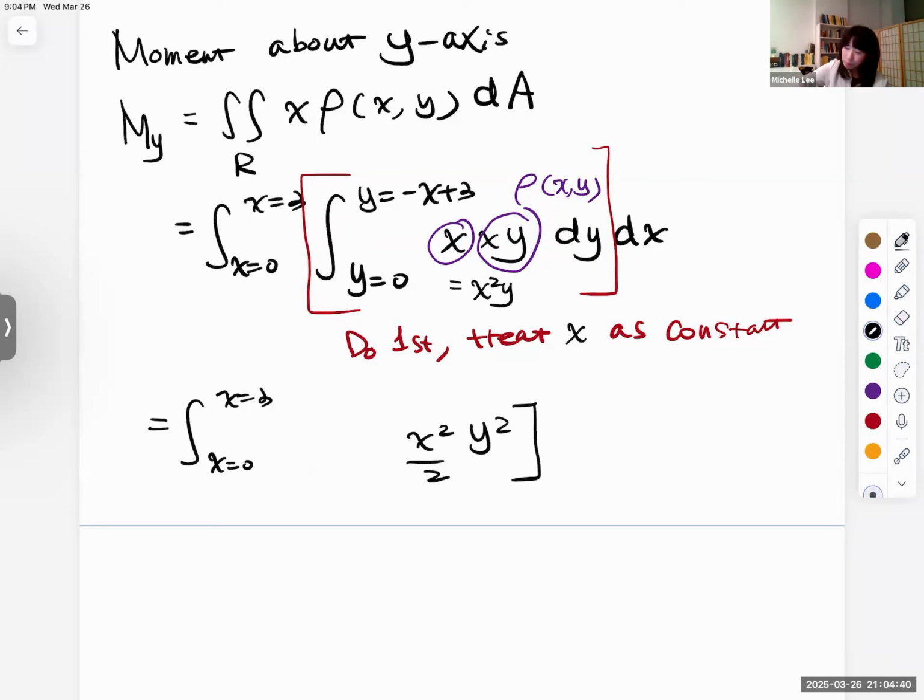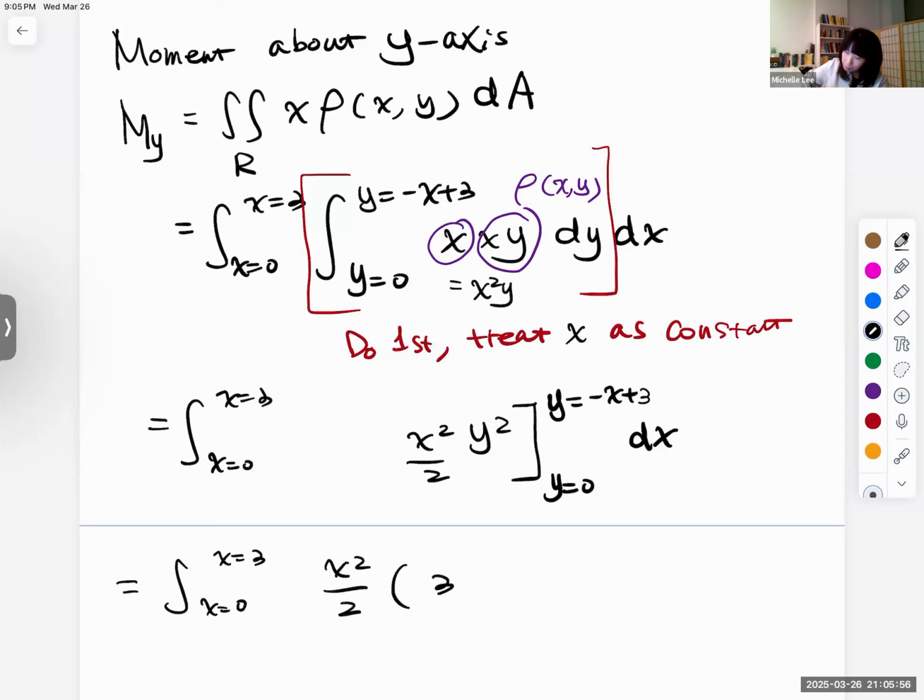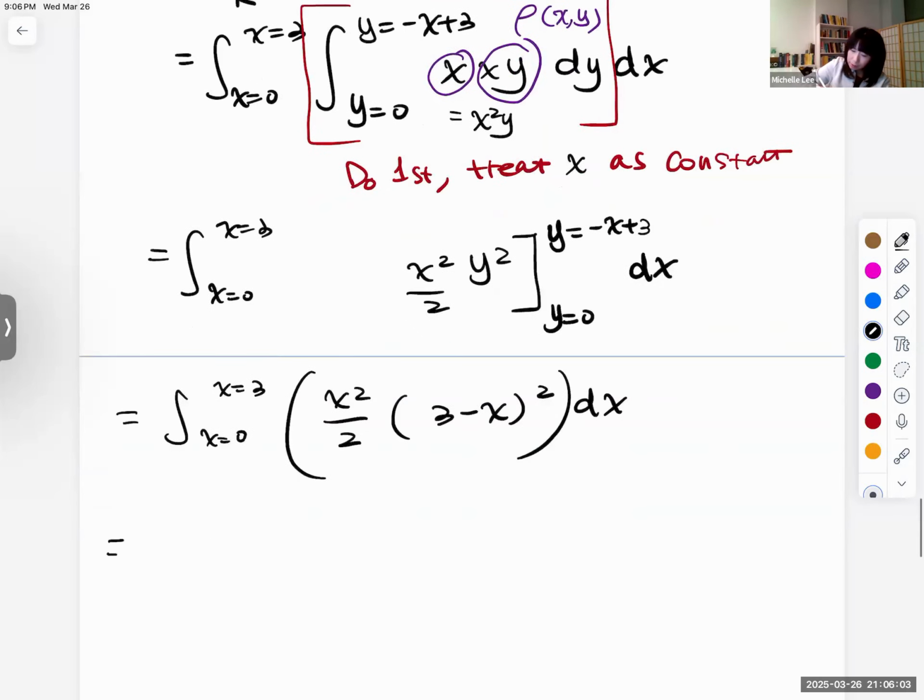Okay, so we evaluate from y equal to 0 to negative x plus 3, dx. Okay, so x equal to 0 to 3 and x squared over 2 times (3 minus x) to the second power dx.